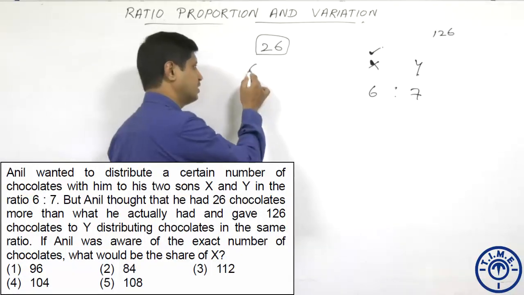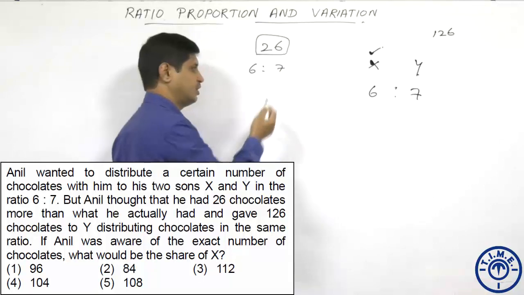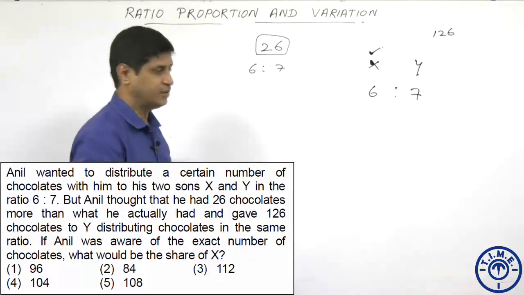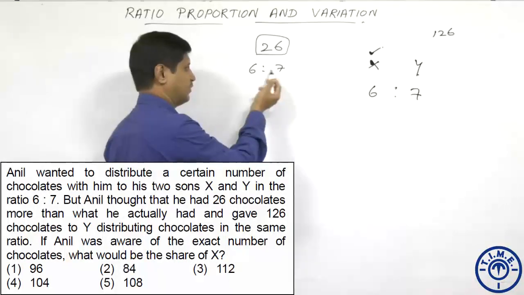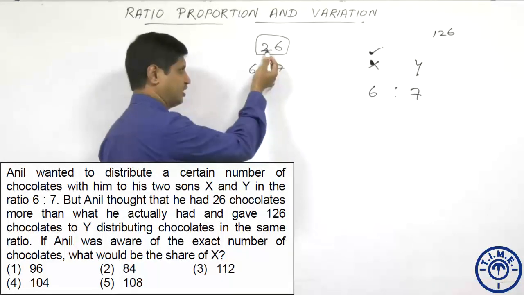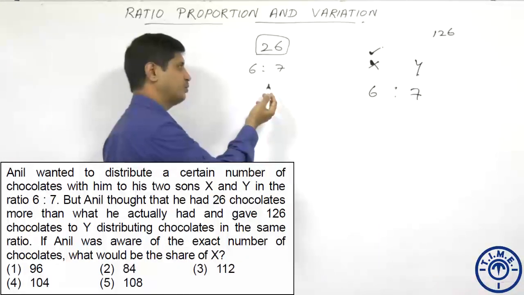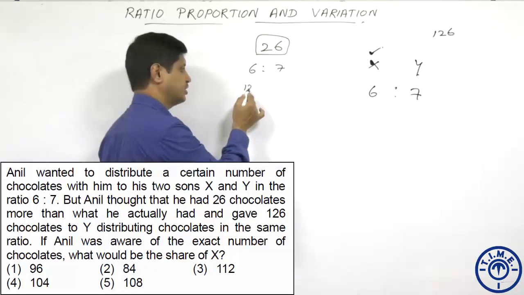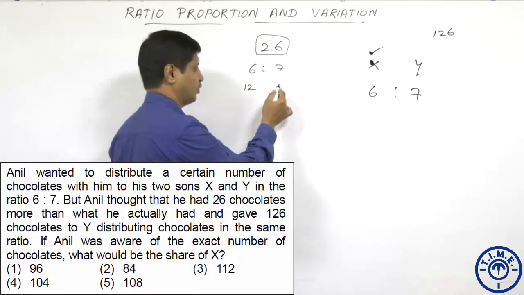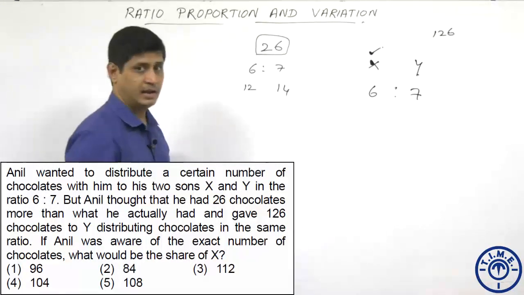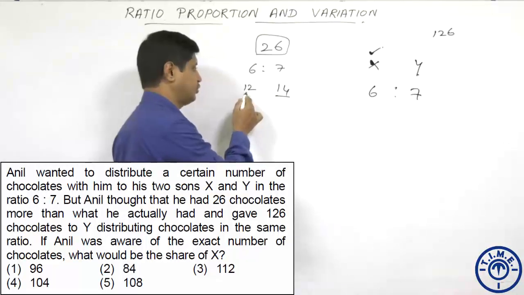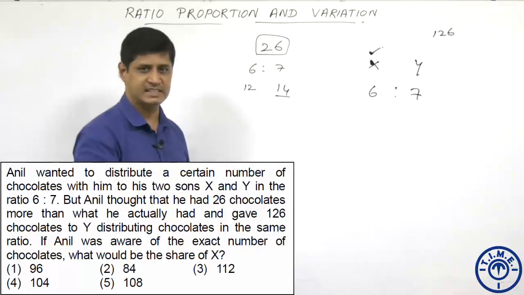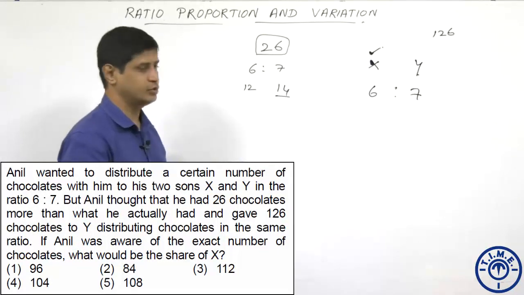We just need to divide this 26 in the same ratio 6:7. The sum of the ratio is 13. So, 26 by 13 means 2 parts. 2 into 6 is 12 and 2 into 7 is 14. So 14 chocolates extra were given to Y.